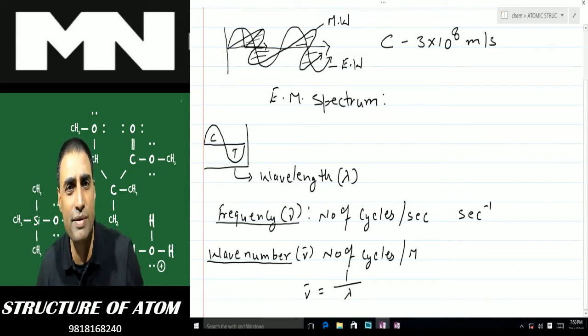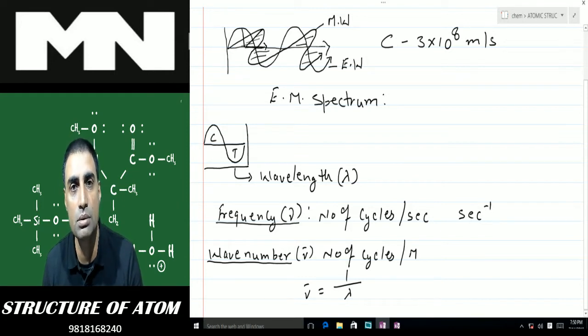So the longer the wavelength, the lesser will be the number of waves per meter. Suppose a wave has a wavelength of 1 meter, then its wave number is 1. And if a wave has a wavelength of half a meter, then the wave number will become 2. So the lesser the wavelength, the more will be the wave number. So it is 1 upon lambda.